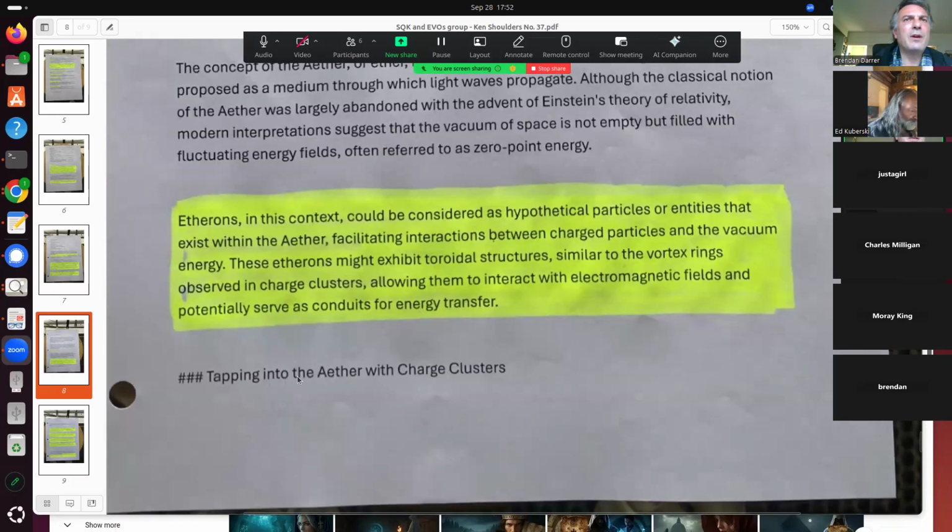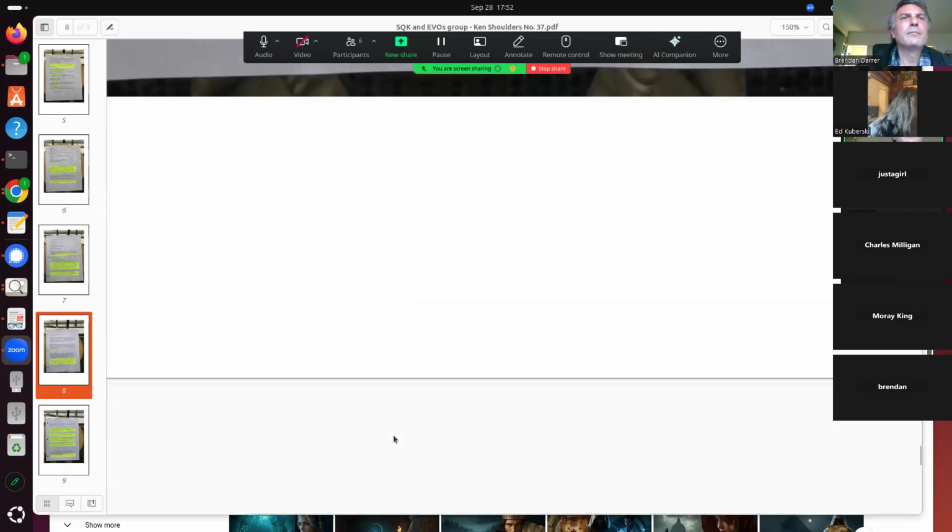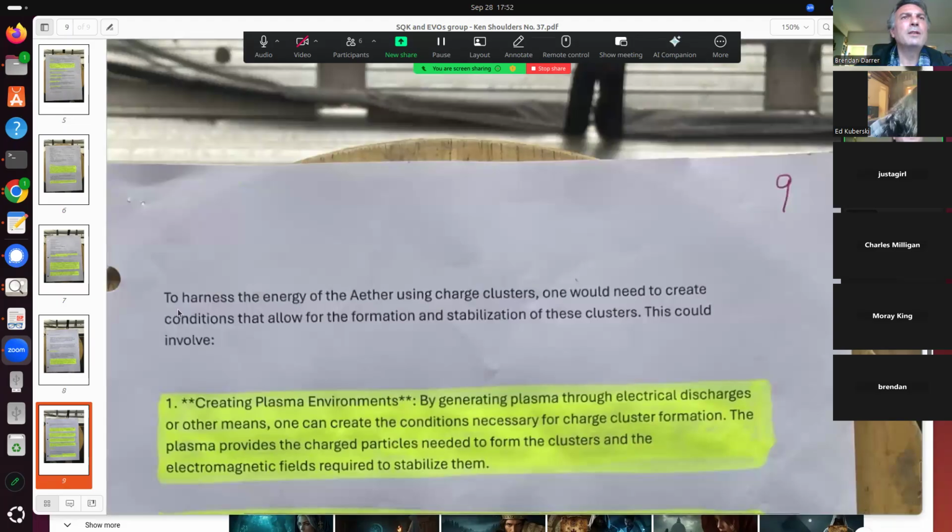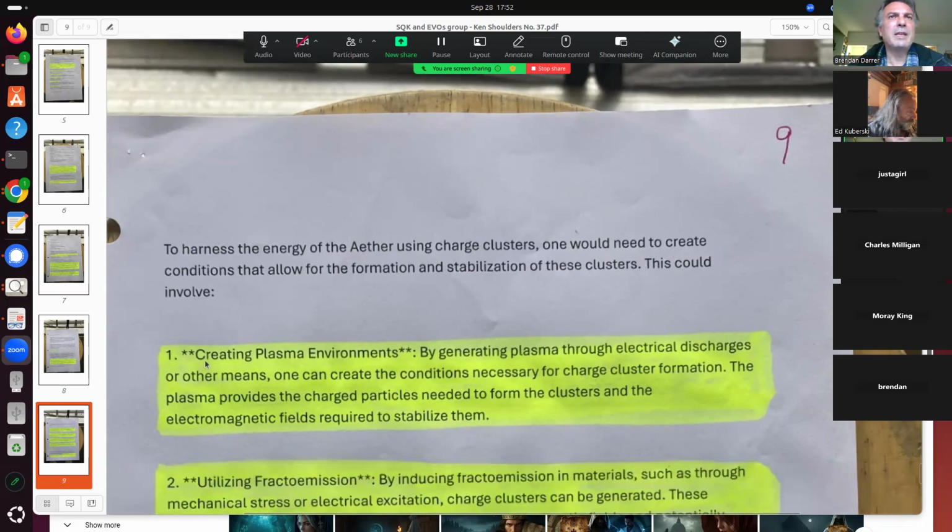Tapping into the ether with charged clusters. To harness the energy of the ether using charged clusters, one would need to create conditions that allow for the formation and stabilization of these clusters. This could involve, one, creating plasma environments.